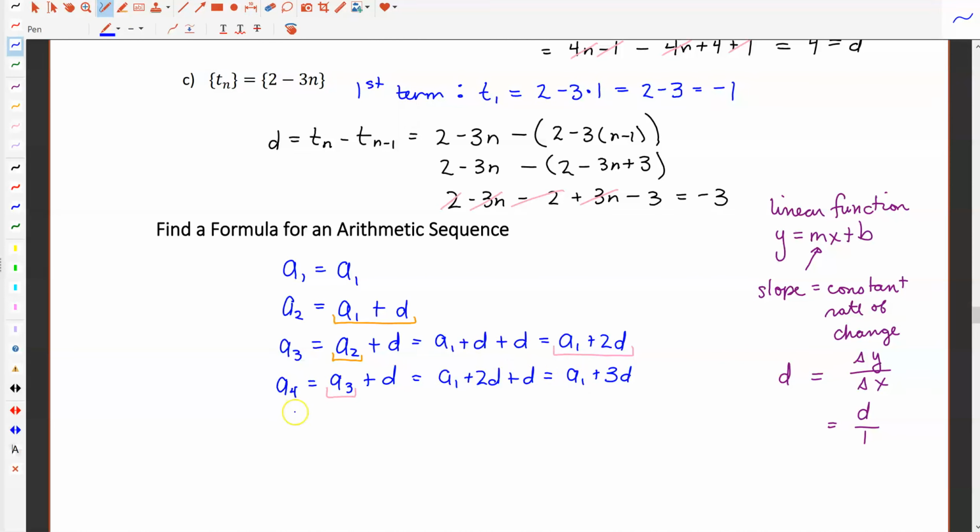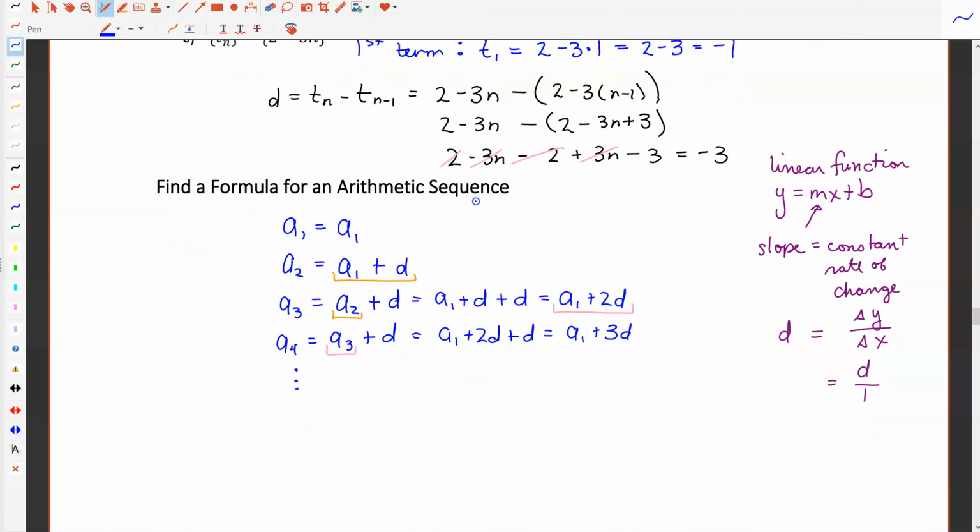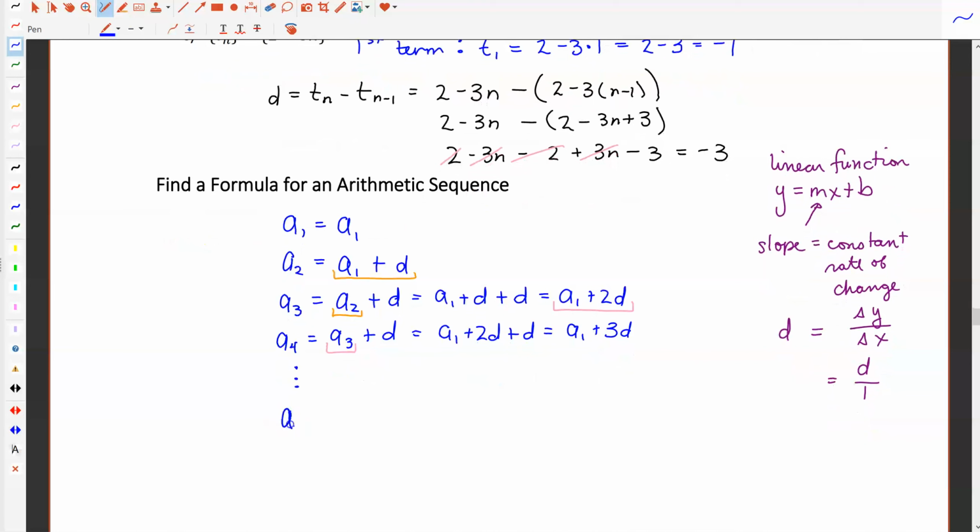Alright, so hopefully we see enough of the pattern here that we can just extend this out. When we're going to find a formula for an arithmetic sequence, what we're going to do is find a general expression for the nth term. That's our goal here. So the nth term can be found by, well, let's take a look at what we found here.